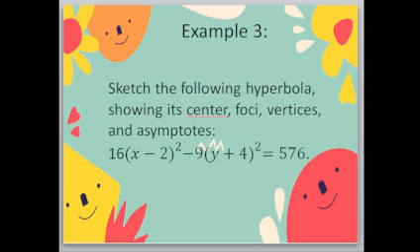The standard form should be equal to 1. But here we have 16 together with (x minus 2) squared and 9 together with (y plus 4) squared, and it's not 1, it's 576. So what shall we do first so that we can sketch this equation?